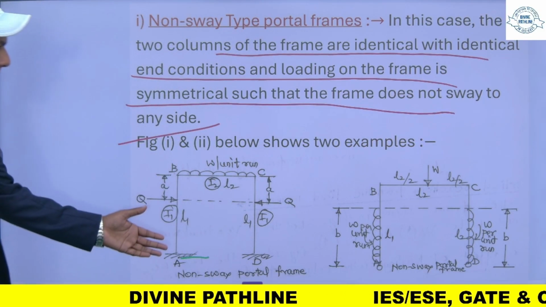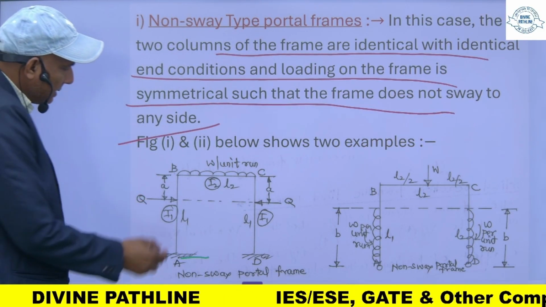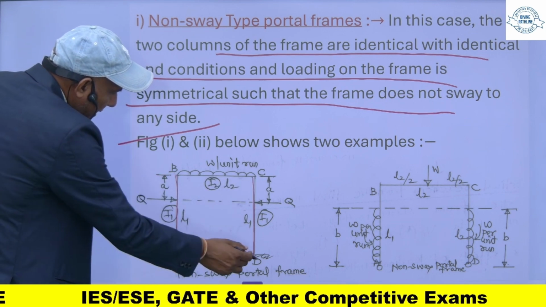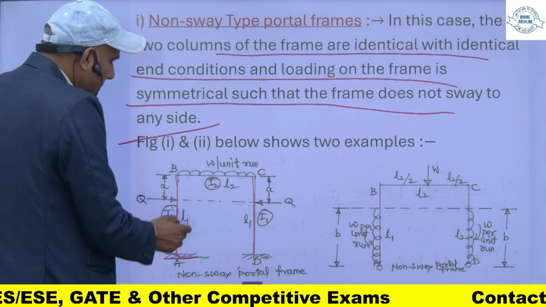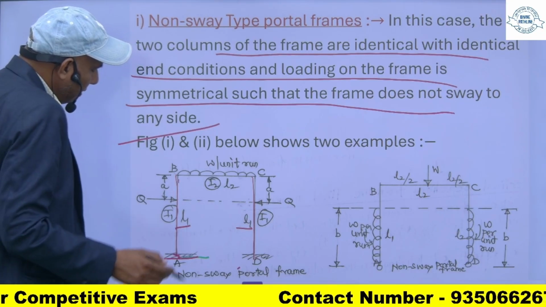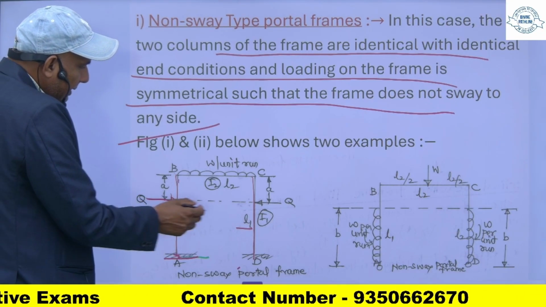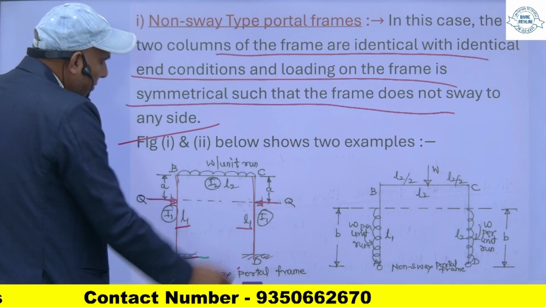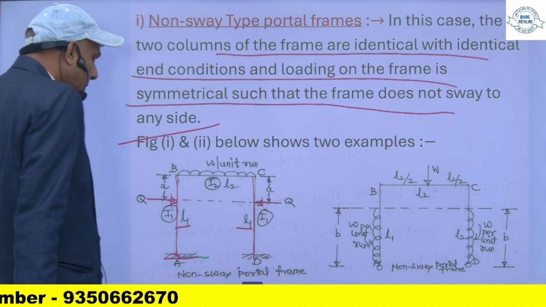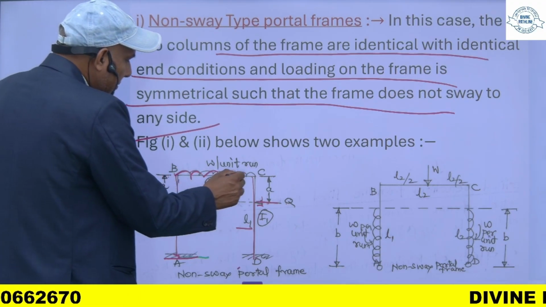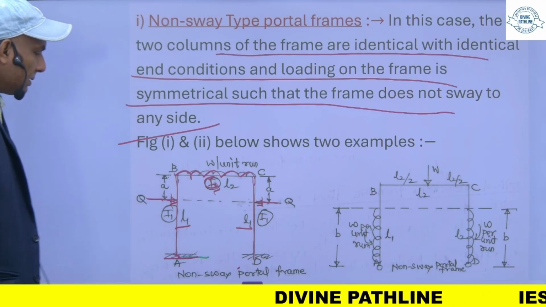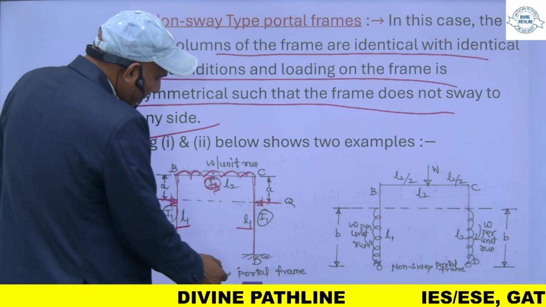If you analyze this frame, this is identical, this end is fixed, this is also fixed, the length of both is the same, the moment of inertia is I1, this is I1. So there is a load Q at the same point, this is a load Q, and this distance is also the same, and there is a UDL, and this member is common to both. So this is a non-sway type of frame.